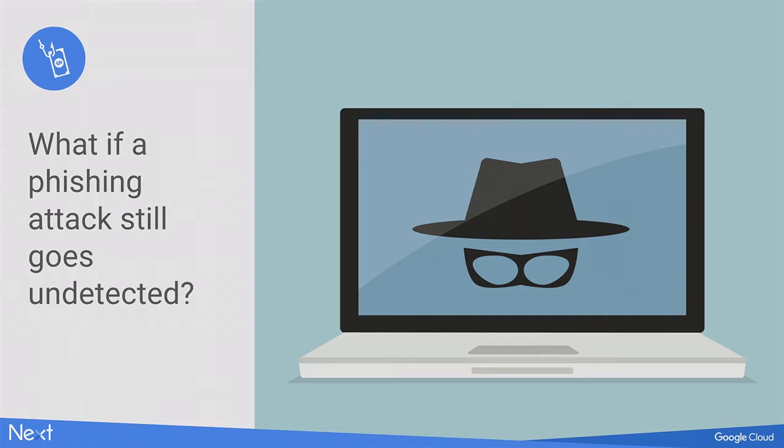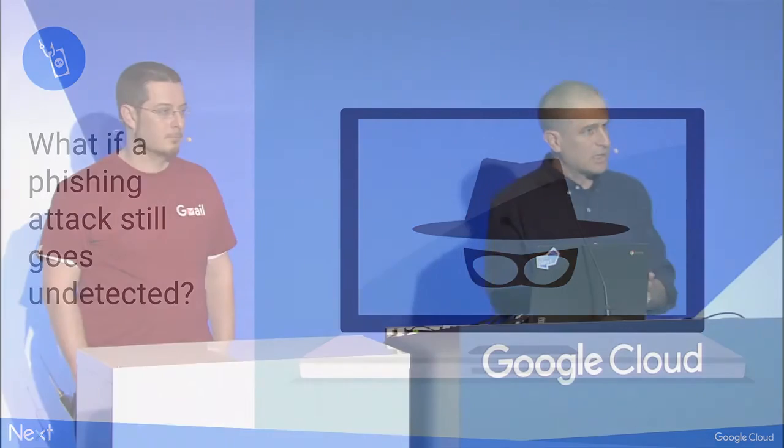The attacker only has to succeed once to cause significant damage to your organization. So we may be successful 99.9% of the times, and one attack can still be a huge damage to your organization. So we need some last line of defense to protect against the attack that did go through.